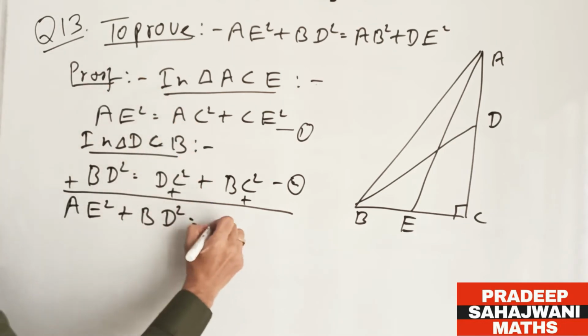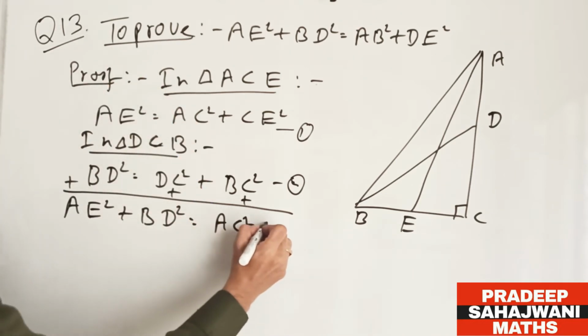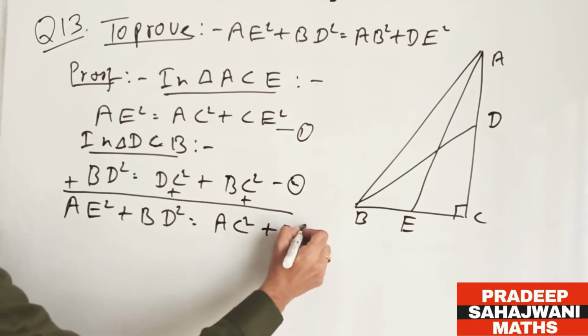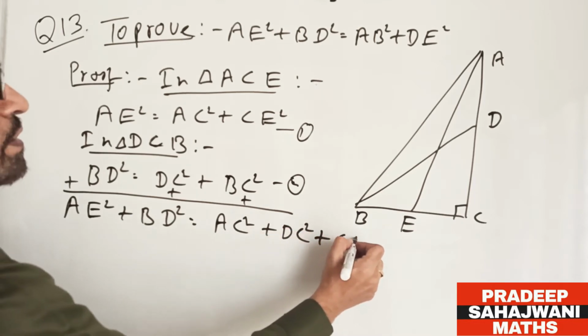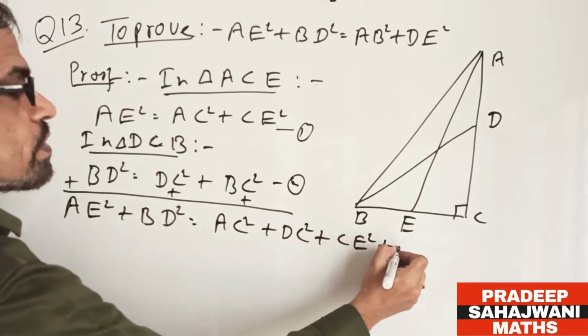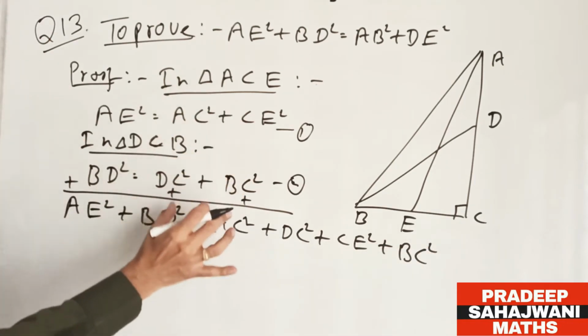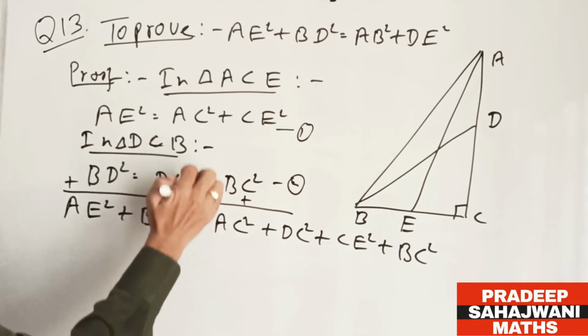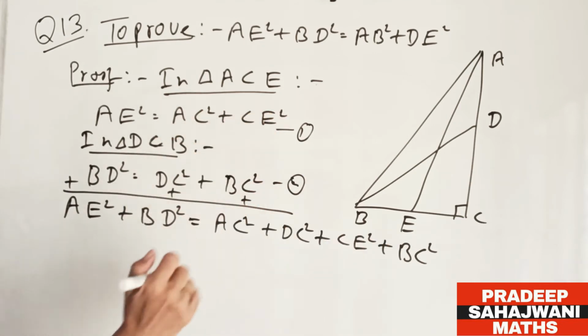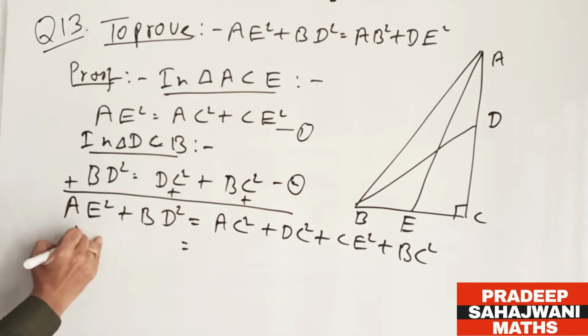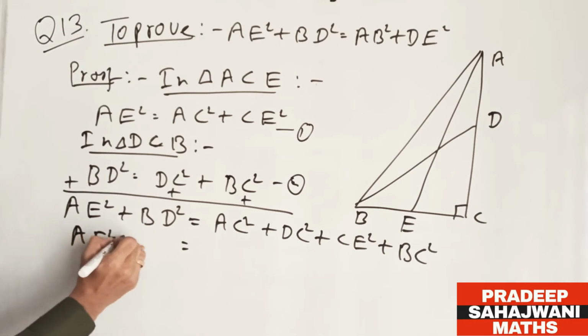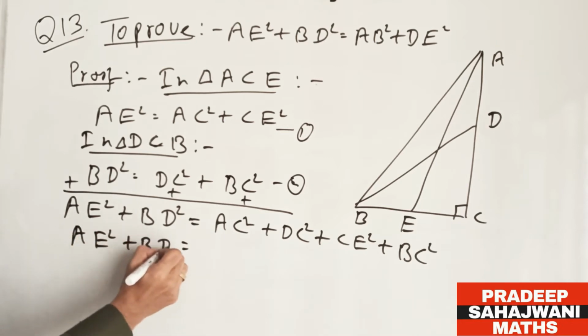What would happen? AC square plus DC square, CE square plus BC square. All four of these quantities we put in the RHS. This plus this. Okay. Now this is the same AE square plus BD square.